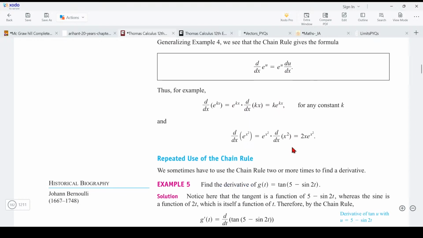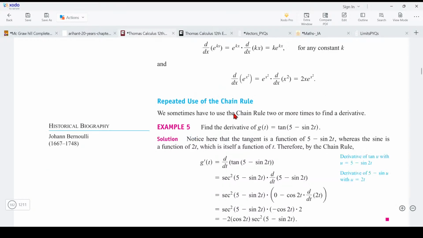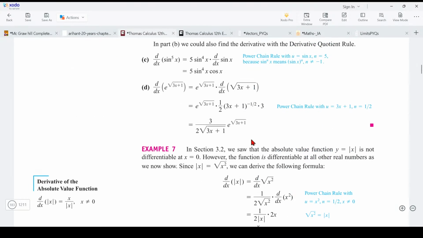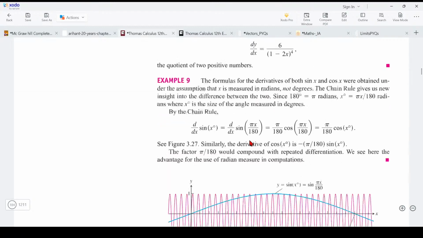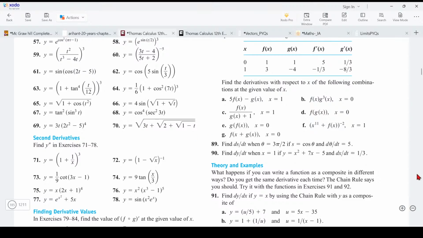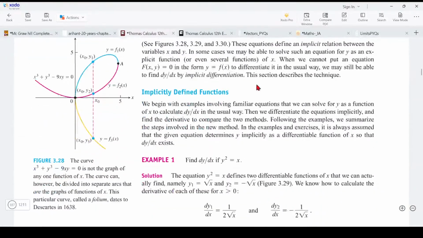So, for example, e power kx, what will happen? E power kx and d by dx of kx, which is nothing but k e power kx. So this also you know. All these things you can do. And skipping this.